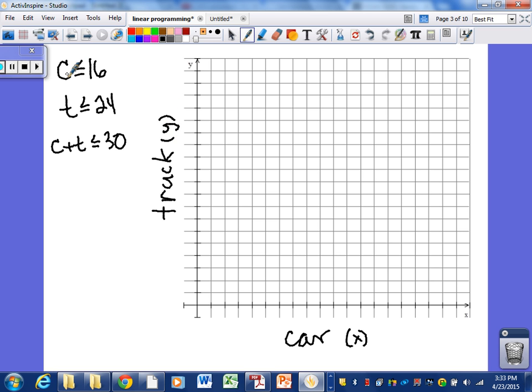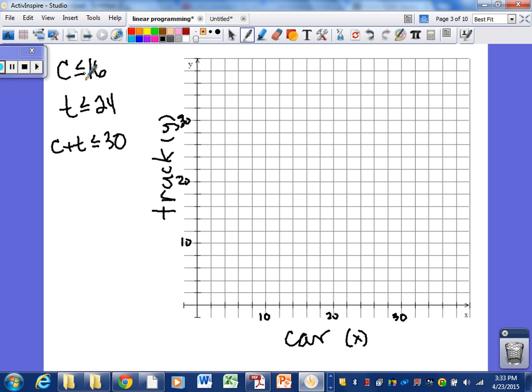So if the car is less than or equal to 16, I'm going to graph that here. Let's call our units, I don't have 30 ticks, so 2, 4, 6, 8, 10, and so on, staying consistent, up to 20 and 30.